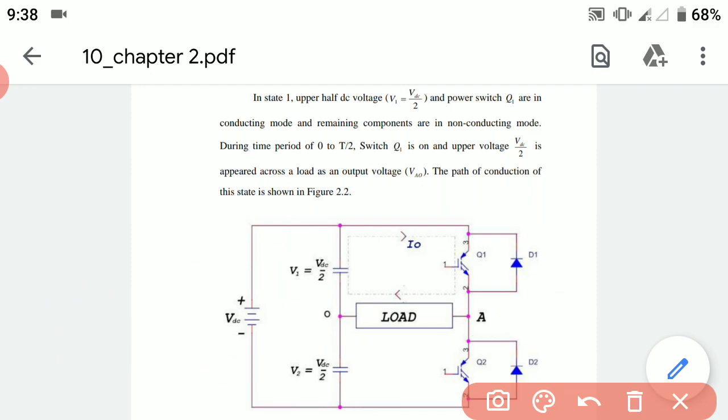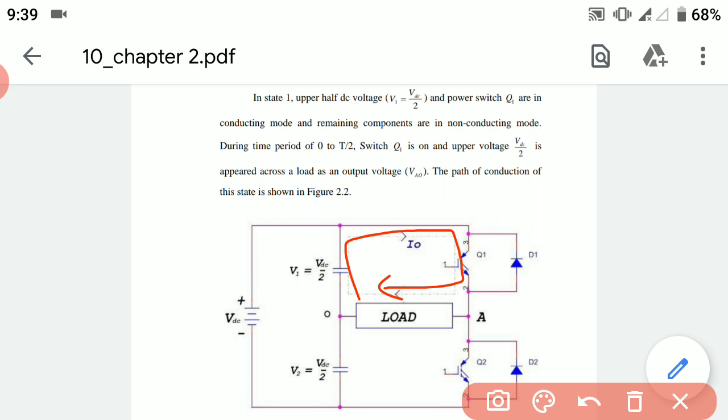So during the time period 0 to T by 2, switch Q1 is on and the upper voltage VDC by 2 appears across the load, that is, voltage VAO will develop. As this switch and this capacitor are operating, the current flows through the capacitor, through the switch and through the load like this.